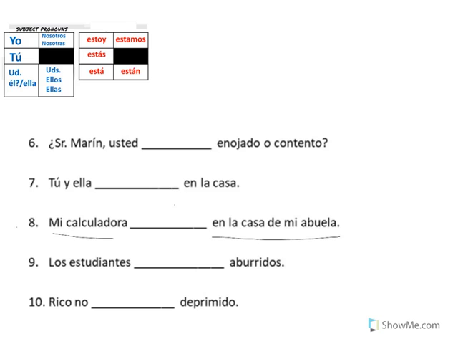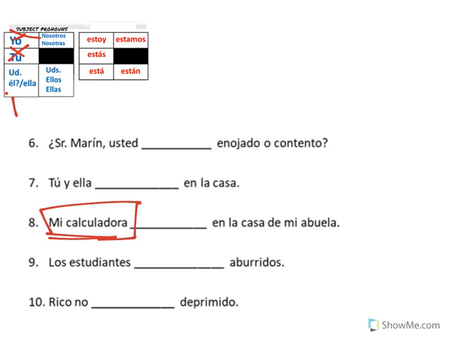Next, number 8. Mi calculadora, my calculator, blank en la casa de mi abuela. My calculator is in my grandma's house. So, again, we don't see a word for calculator anywhere in the chart. But we know that it's one calculator. It's not yo because it doesn't say yo. It doesn't say tú. But it is one thing.